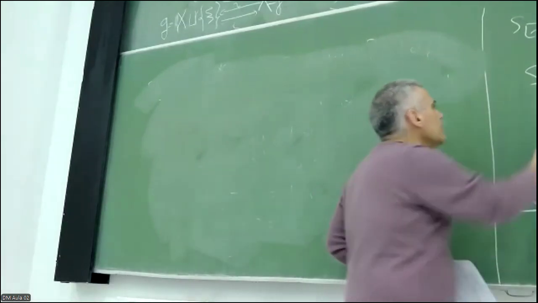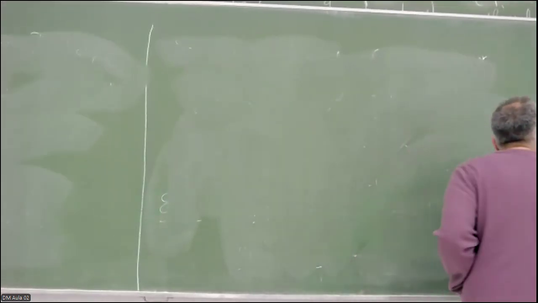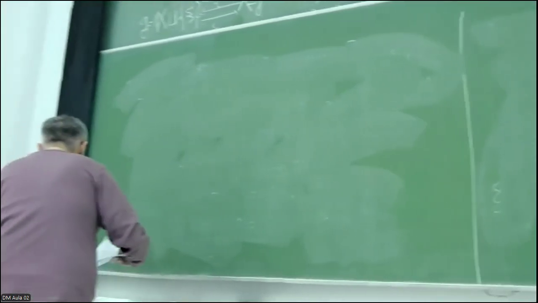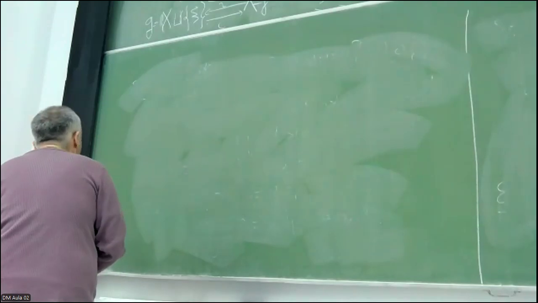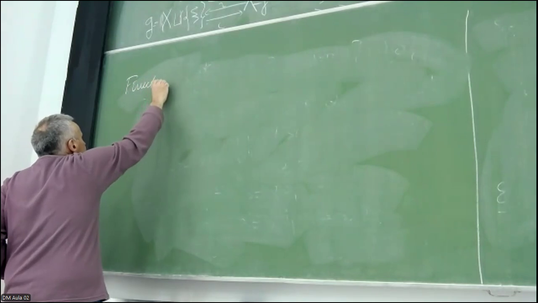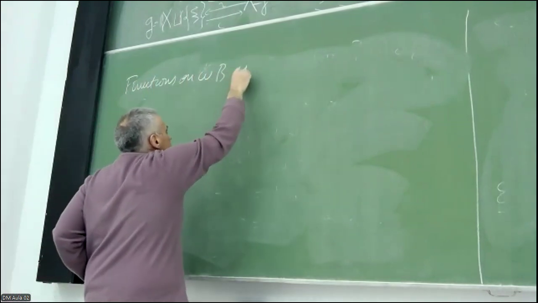Before we go into that, we need to talk about locally constant functions on a weakly Boolean space, which is my next topic. Okay. So, functions on weakly Boolean space.